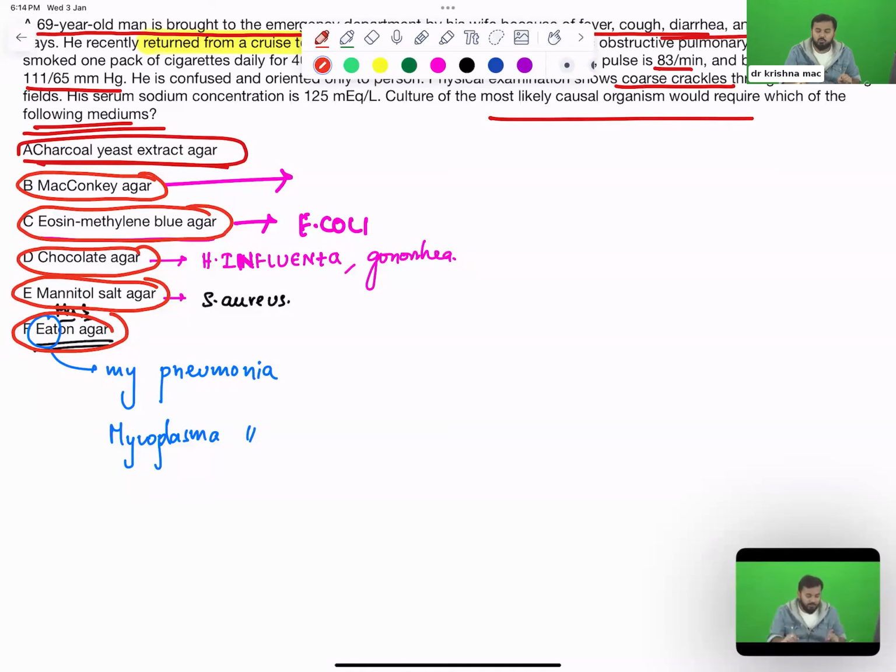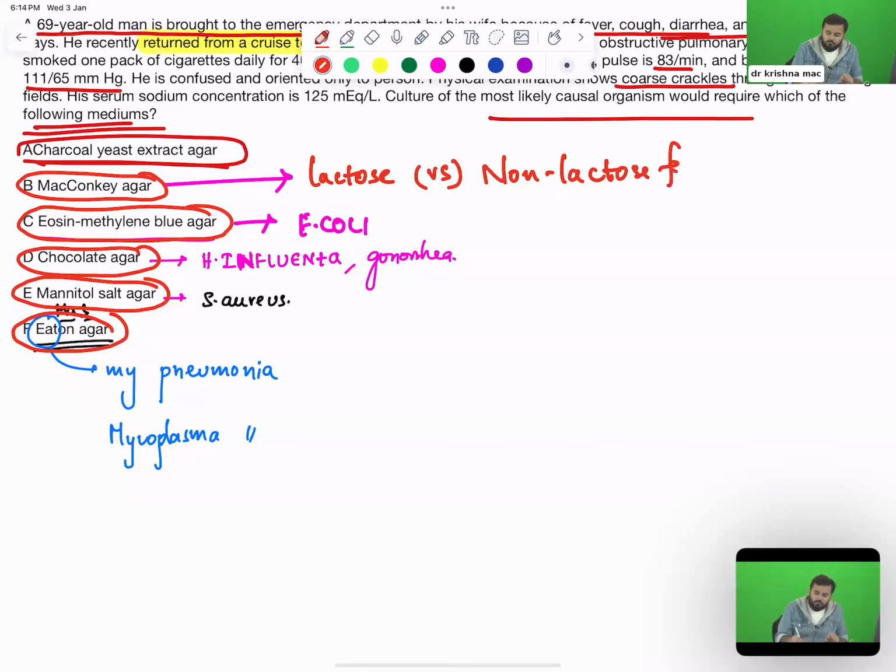Very good. So for that we use MacConkey agar, lactose versus non-lactose fermenters.